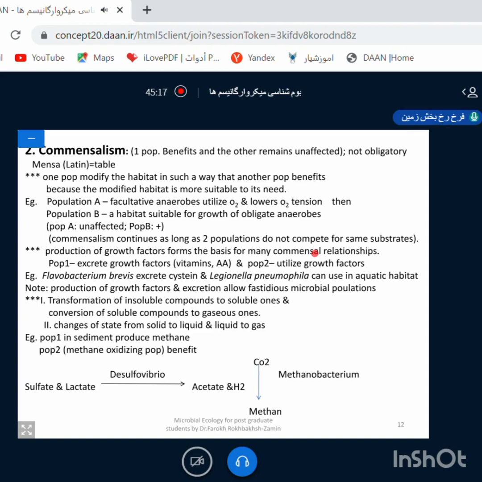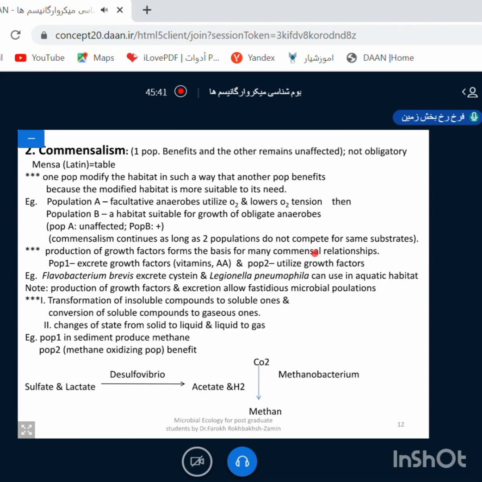But some bacteria are defective in production of some necessary materials from simple material. For example, one bacterium cannot produce two or three amino acids. So if you give it in the medium, it can grow.